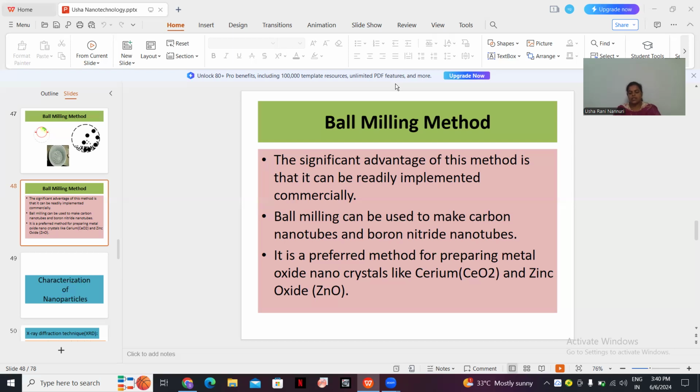Then a solution containing 40 grams of sodium hydroxide in 750 ml of distilled water is added to the mixture.